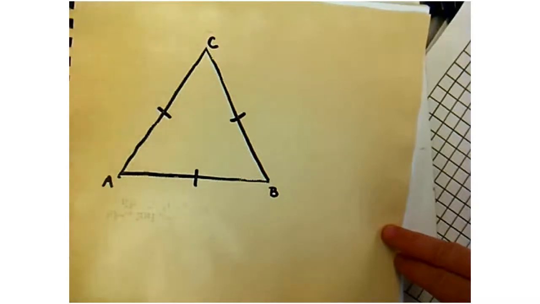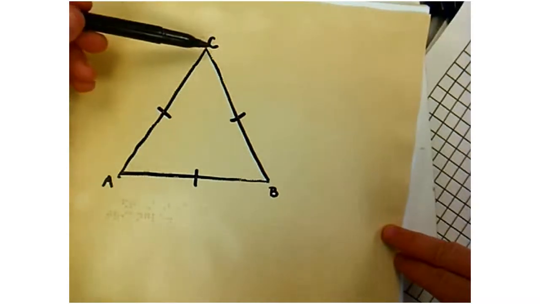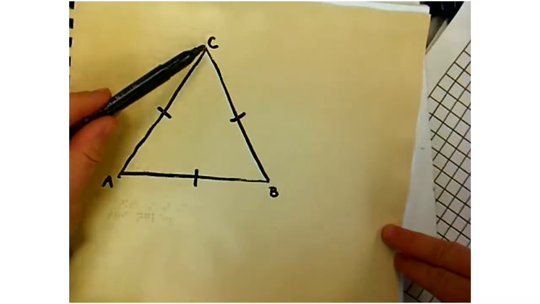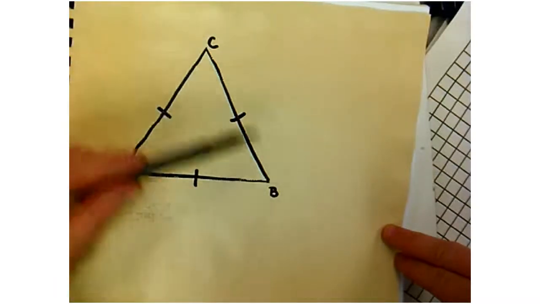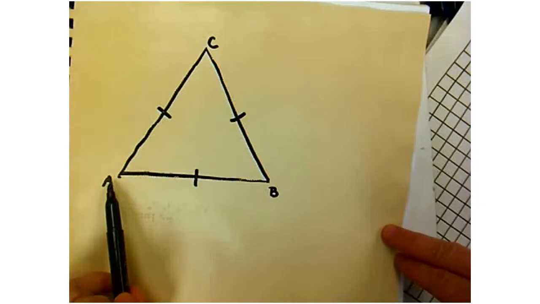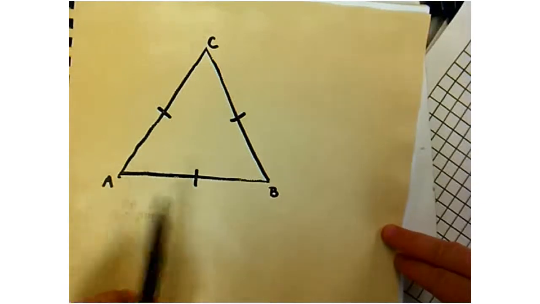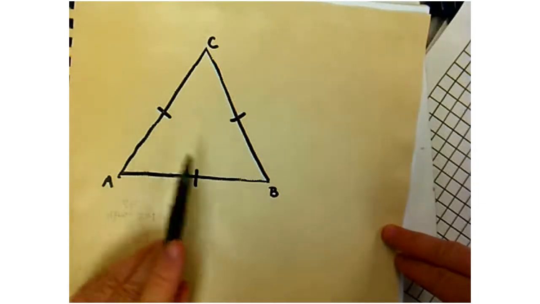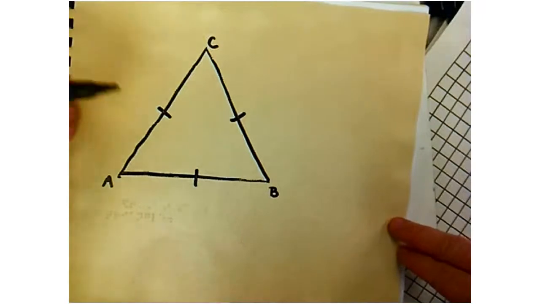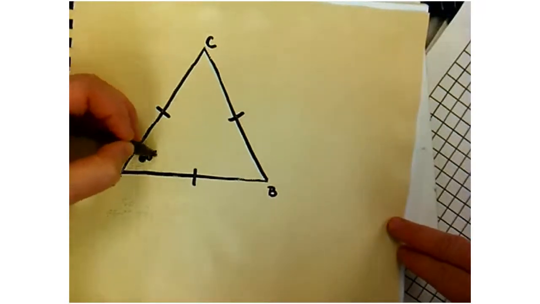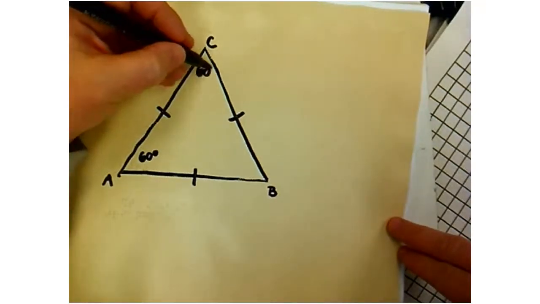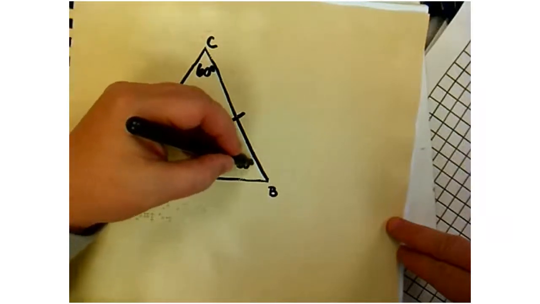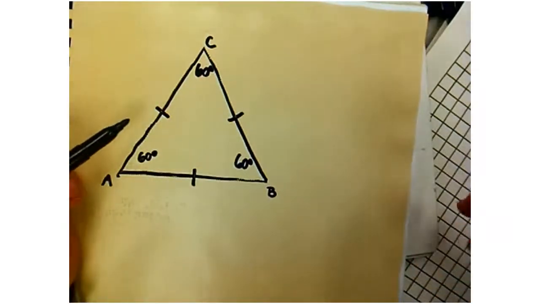Notice a tick mark going through AC, a tick mark going through side CB or BC, and a tick mark going through AB or BA. So this is an acute equilateral because they've labeled each angle 60 degrees, 60 degrees, and 60 degrees, which will always be equilateral.